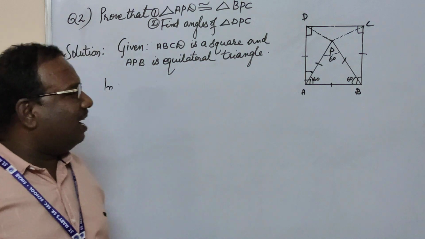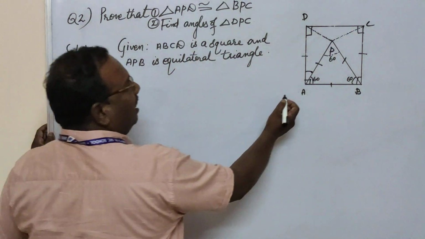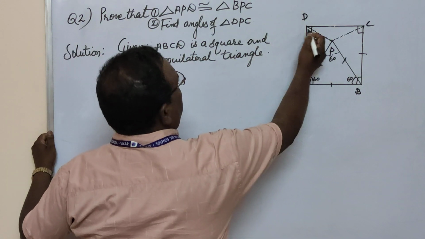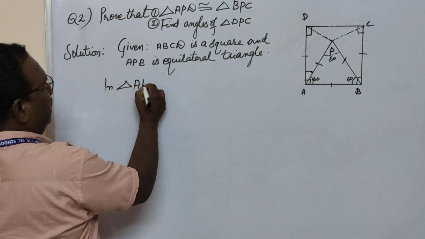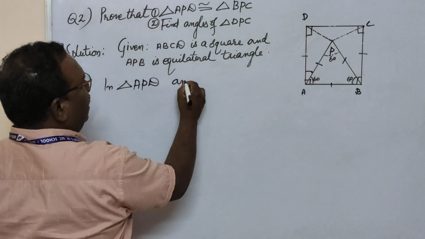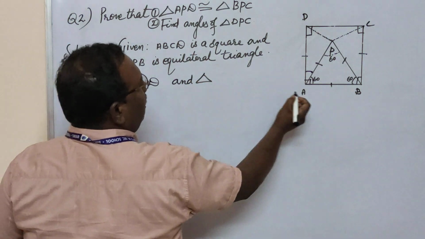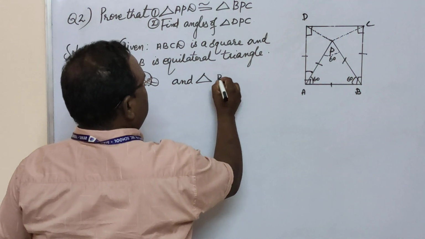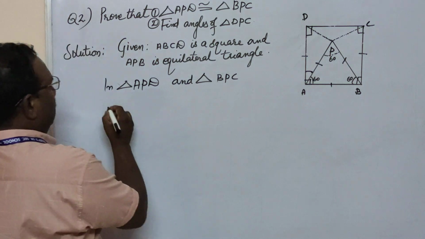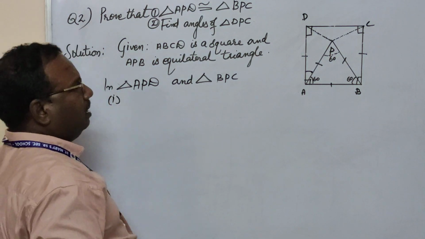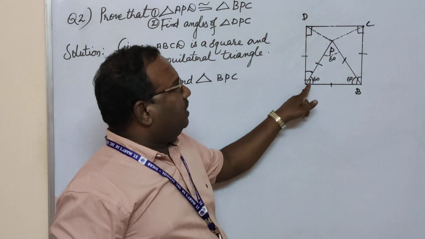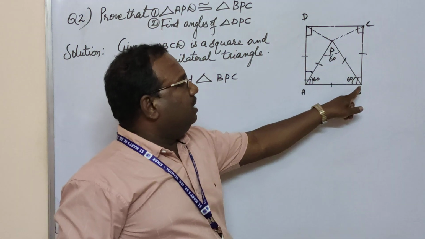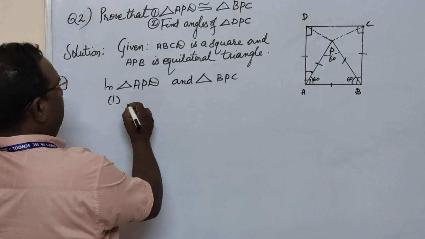Now let's choose triangle APD and triangle BPC. Point 1, AP is equal to BP.